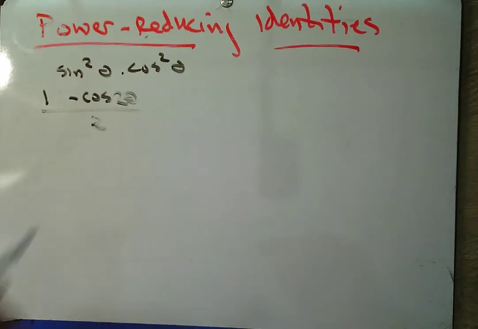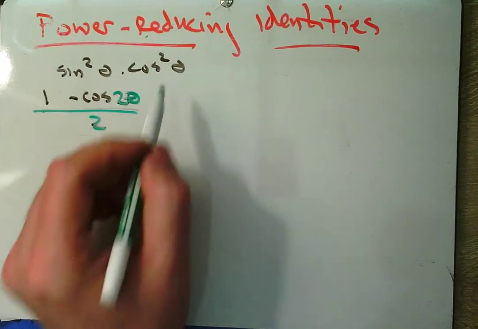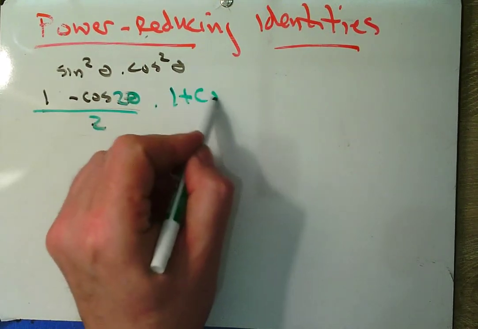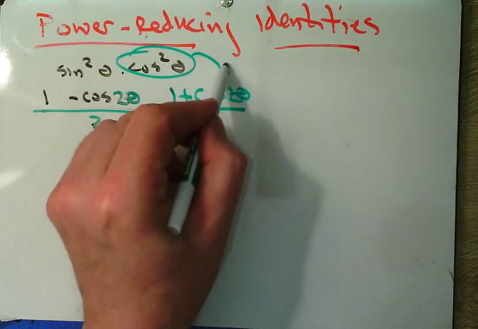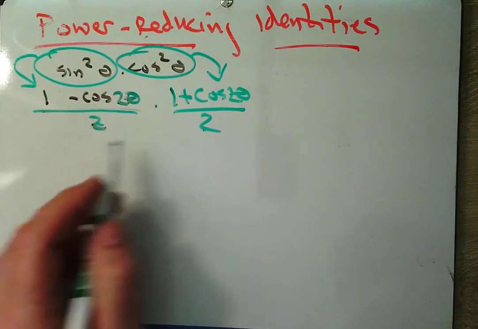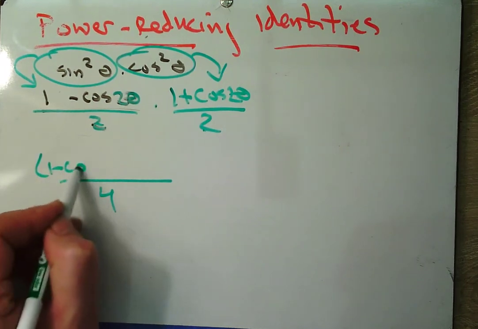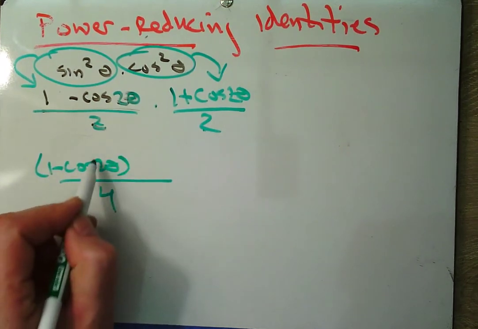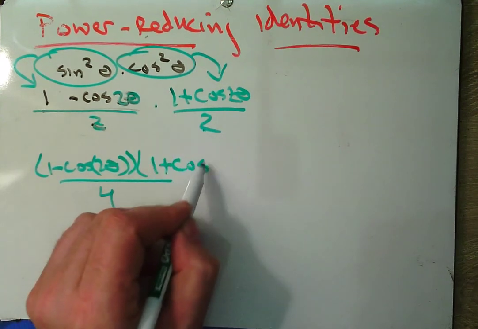How about green? Times 1 plus cosine 2 theta over 2. So this one became this, and this one became this. On the bottom, I multiply 2 times 2 to make 4. On the top, I've got 1 minus cosine 2 theta times 1 plus cosine 2 theta.